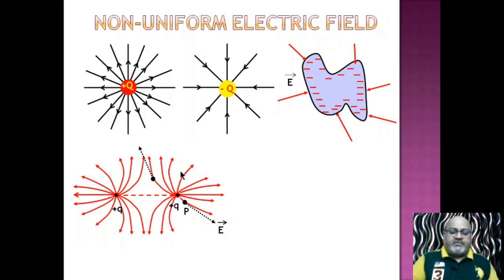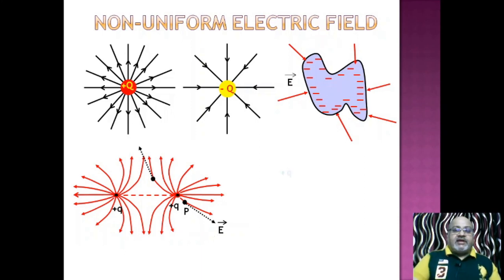Compare both the electric fields. Compare this and this. Both are different. Direction is different. Magnitude will also be different. If any one of either magnitude or direction is different, it means non-uniform electric field.